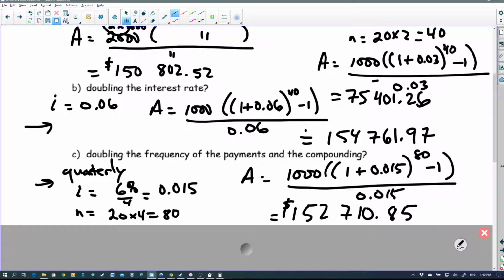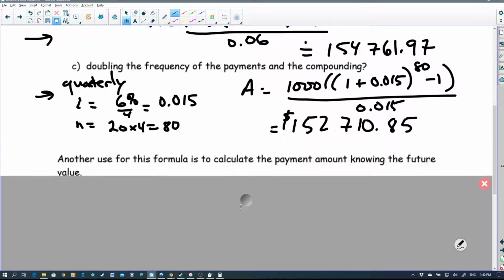And that makes the difference significant. So people that invest money are always searching for the best interest rate they can possibly get. That's what stock market analysts are always doing. What is the best interest rate you can possibly get?